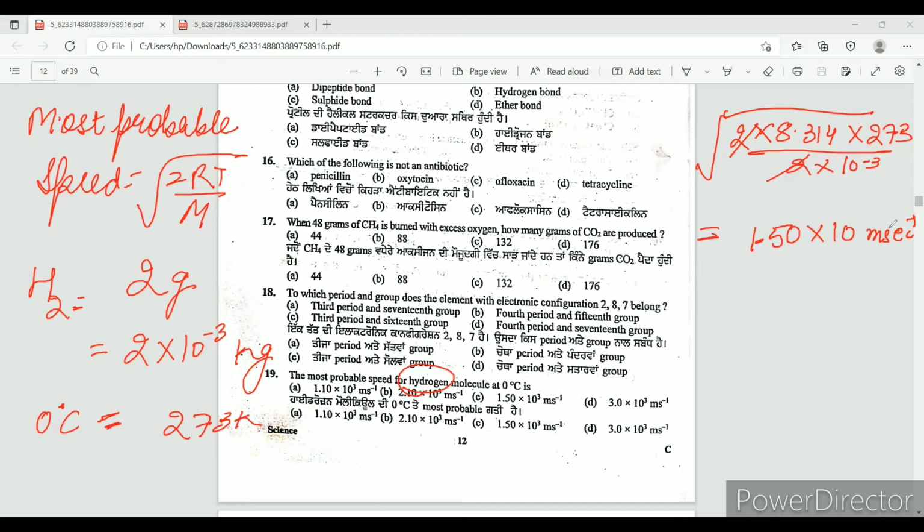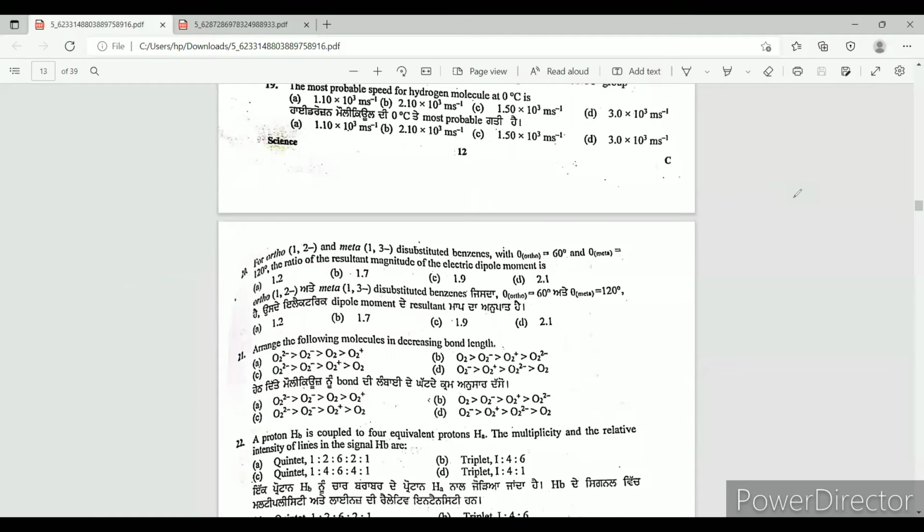Now we have to convert this into kg. So that's why we are multiplying it with 10 raised to power minus 3 kg. Now for 0 degrees Celsius, the temperature is 273 Kelvin. So on solving this, what we got is 1.50 into 10 raised to power 3 meter per second. You just have to use the formula, right?